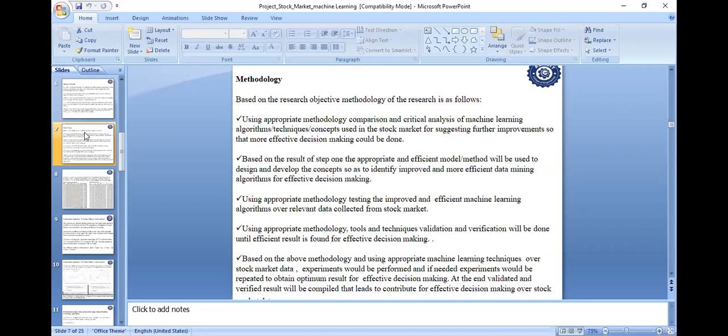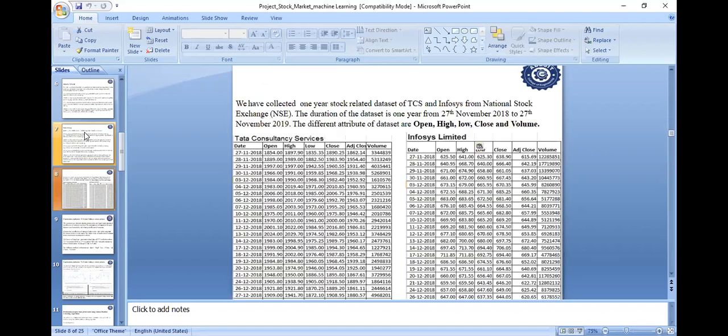Using appropriate methodology, tools, and technical validation, verification will be done until an efficient result is found for effective decision making. Based on our methodology, we have built machine learning models, experiments, and further needed experiments. The major focus of the methodology is to improve the stock market data for better prediction and a better future.